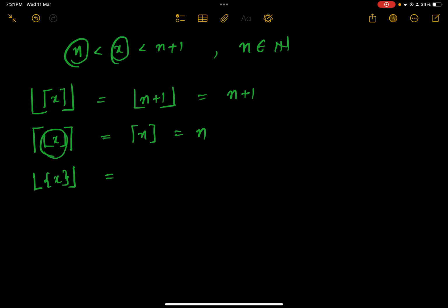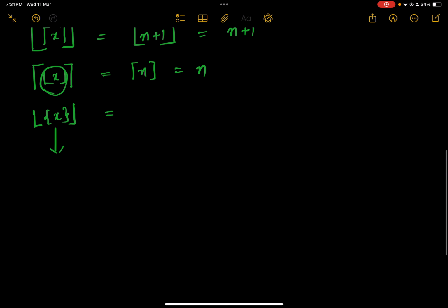If you observe, the fractional part of x always lies between 0 and 1. All right. Now if you take the floor of some quantity which lies between 0 and 1, what will happen?